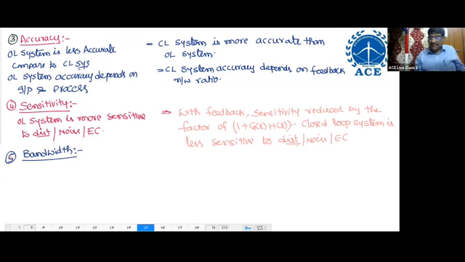What happened to the bandwidth? Anybody? What happened to bandwidth?